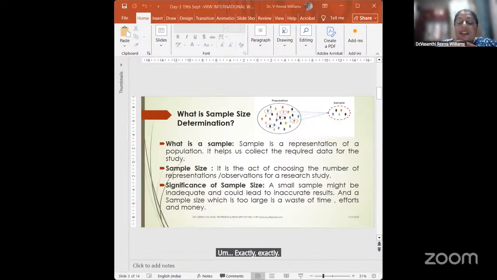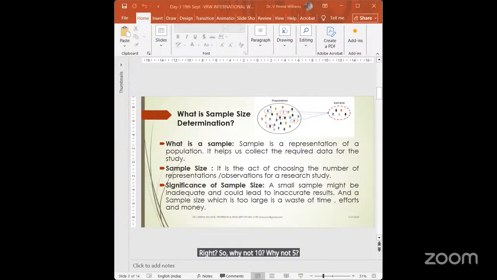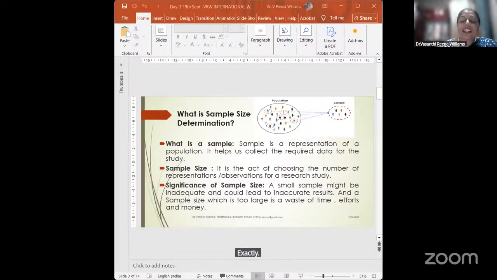Exactly. Right. So why not 10? Why not 5? Because it doesn't include all the population. Exactly, you're very right.